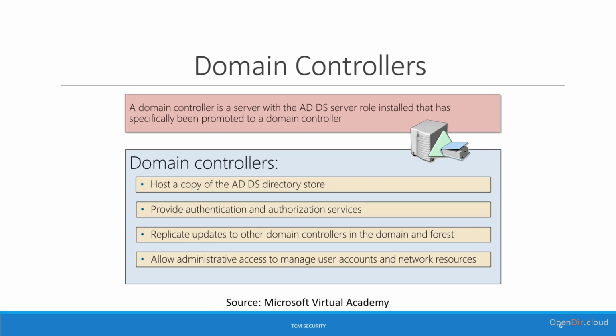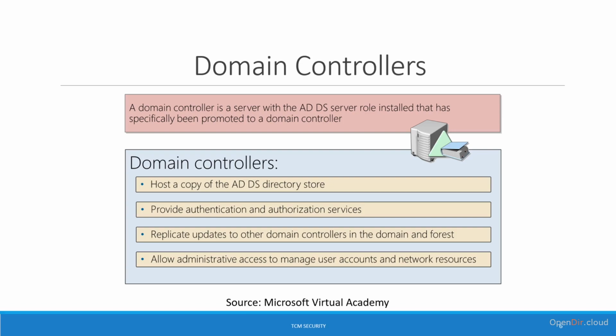It hosts the Active Directory Domain Services directory store, meaning it hosts your phone book. Remember, we talked about it being a phone book? It has all the information on the users, the computers, what printers are in the network, etc. It knows everything.